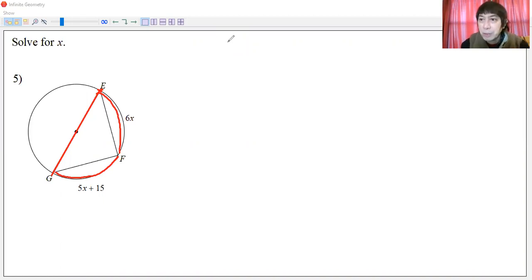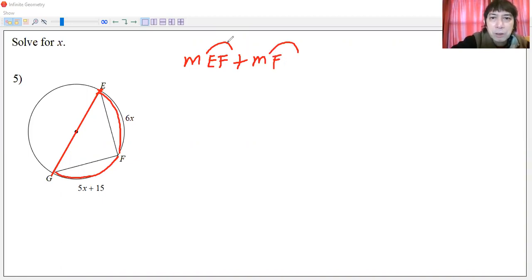Remember, one full circle is 360, half circle is 180. And so the measure of the two arcs added together will be 180. So our working equation will be the measure of arc EF plus the measure of arc FG must be half circle with a measure of 180 degrees.